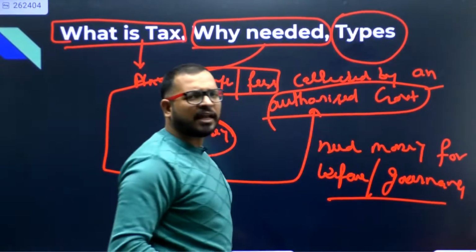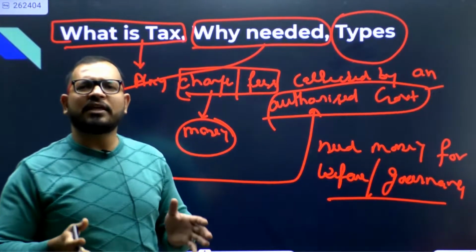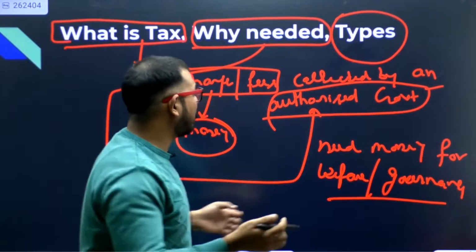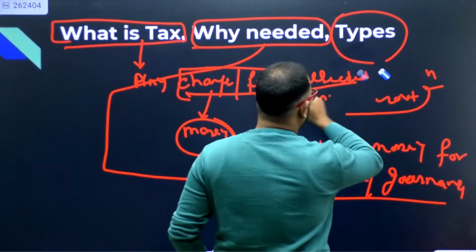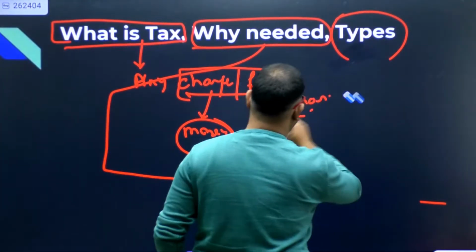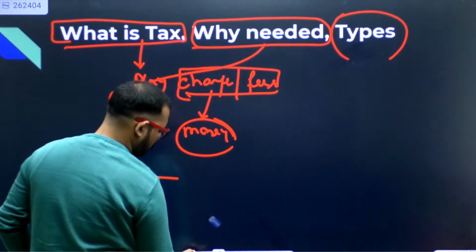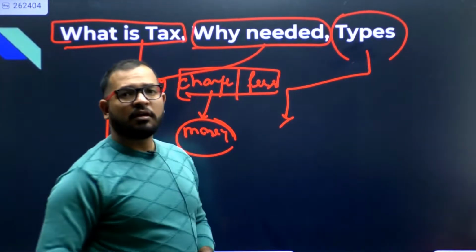Let's talk about the types. What are the types of the taxes? Generally we categorize them based on incidence and impact. What is this incidence and impact? There are two types of taxes.